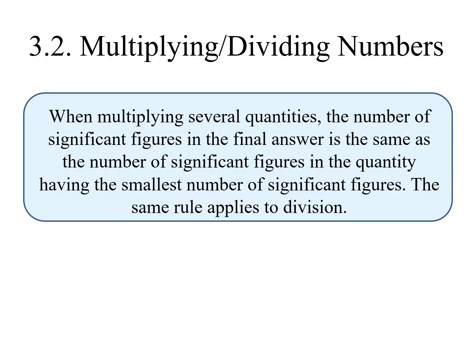This rule is based on the idea that the final answer cannot be more precise than the least precise measurement used in the calculation. For example, suppose one measured value has three significant figures and another has two significant figures. If we multiply or divide them, the final result should be rounded to two significant figures.